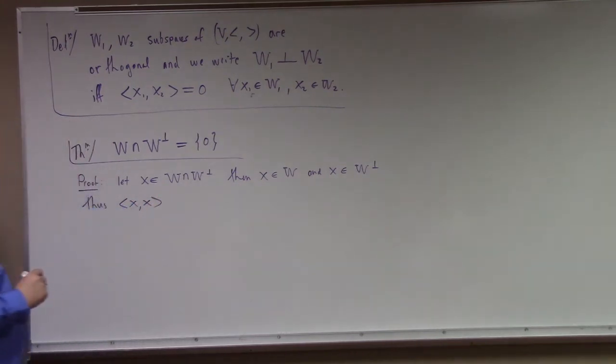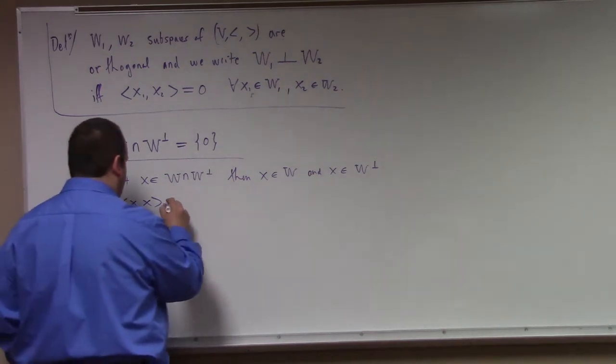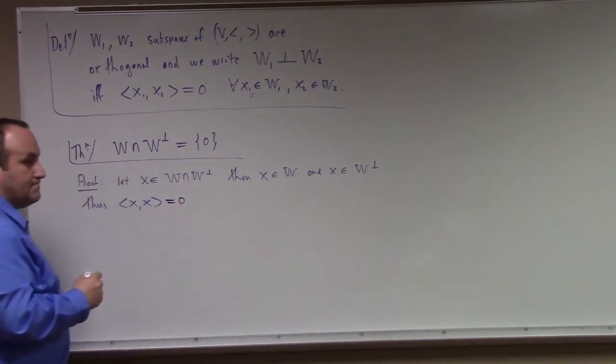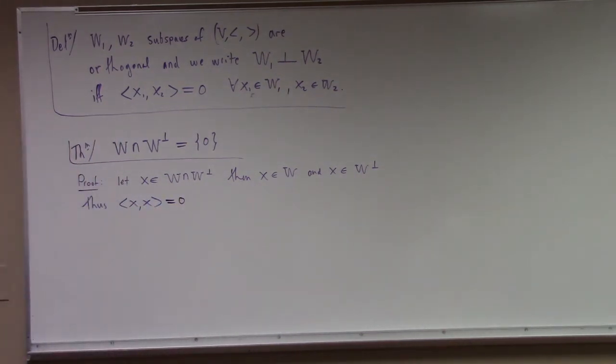The inner product of X and X is, by definition of the perp, 0, because anything in the perp is perpendicular to things in W. So by definition of W perp, this is 0. Right? But you know that the inner product of a vector with itself is 0 if and only if the vector is itself the 0 vector.